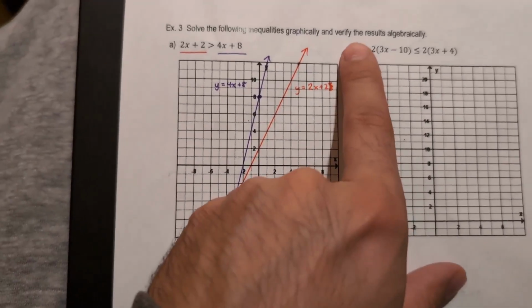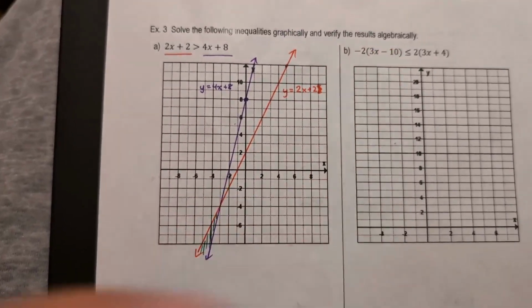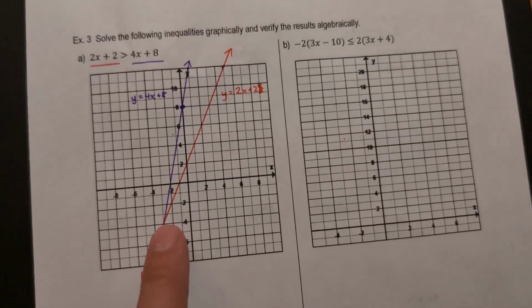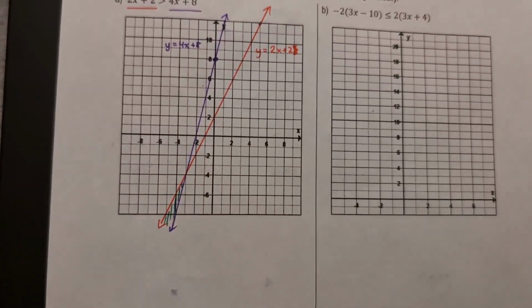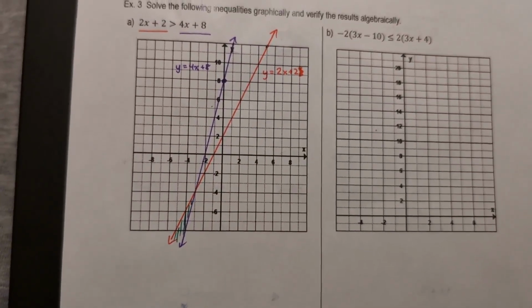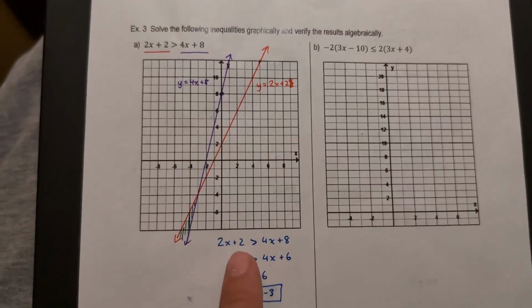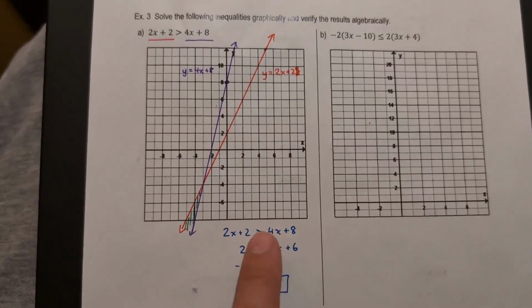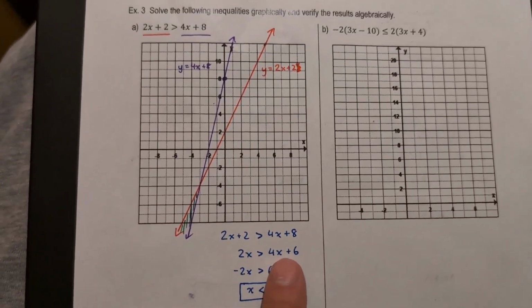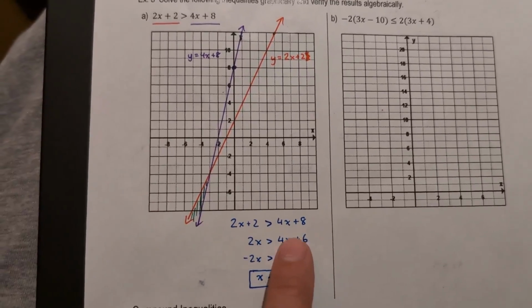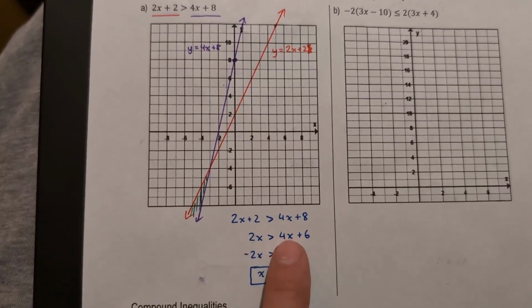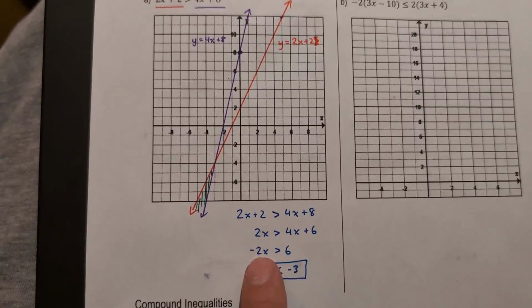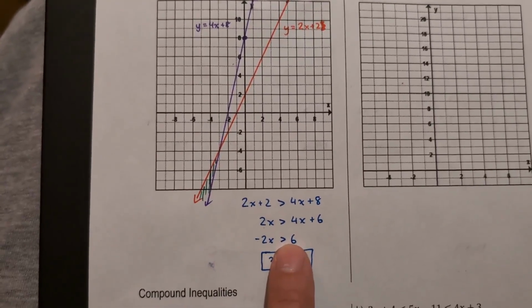But we can also check, does this make sense algebraically, the answer that we said? It looks like starting at -3, going to the left, the red graph should be higher than the purple graph. So solving this inequality, I subtracted 2 from both sides, brought this 4x over, so I just subtract 4x, and we get -2x is greater than 6.